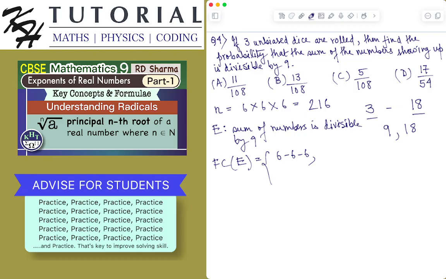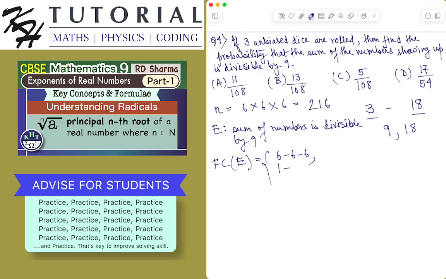There are many possibilities. You have to be very patient and list down all of them. Let's say there is 1 showing up on the first die, then the numbers showing up on the second die and the third die should sum to 8.